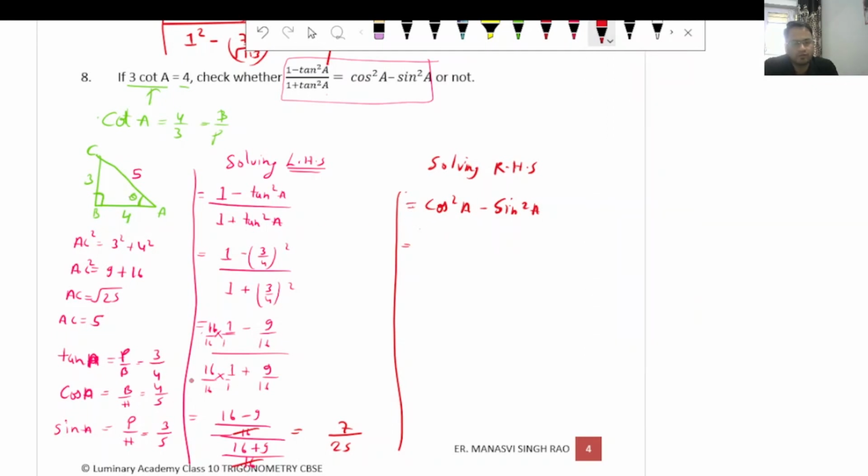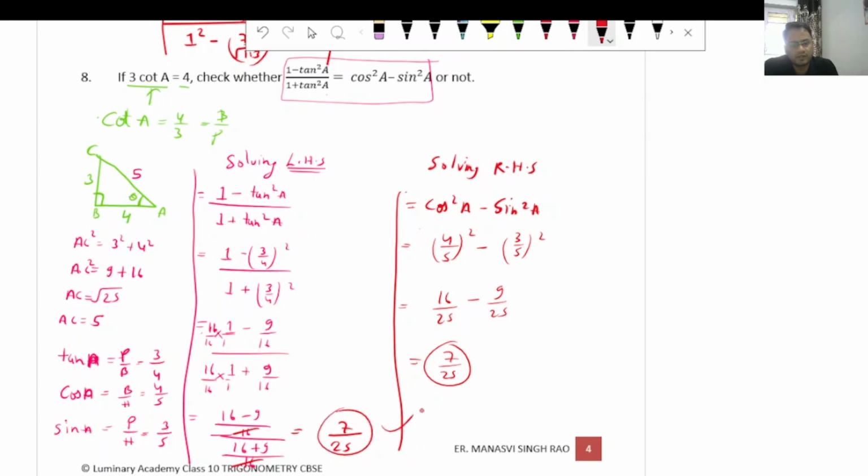What is the value of cos? 4 by 5, 4 by 5 whole square. What is the value of sin? 3 by 5, whole square. So 4 by 5 squared means 16 upon 25, minus 9 upon 25. Again this will be 7 upon 25 because the denominator is the same.